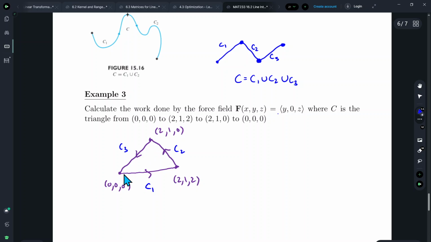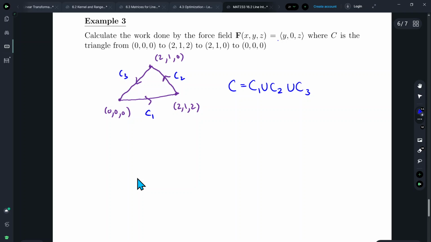You get this closed curve where each side of the triangle can be thought of as a separate curve. So the entire curve C is the union of the individual components. We want to calculate the work done by this force field over the entire triangle, but to do that, we're just going to individually calculate over these 3 curves.